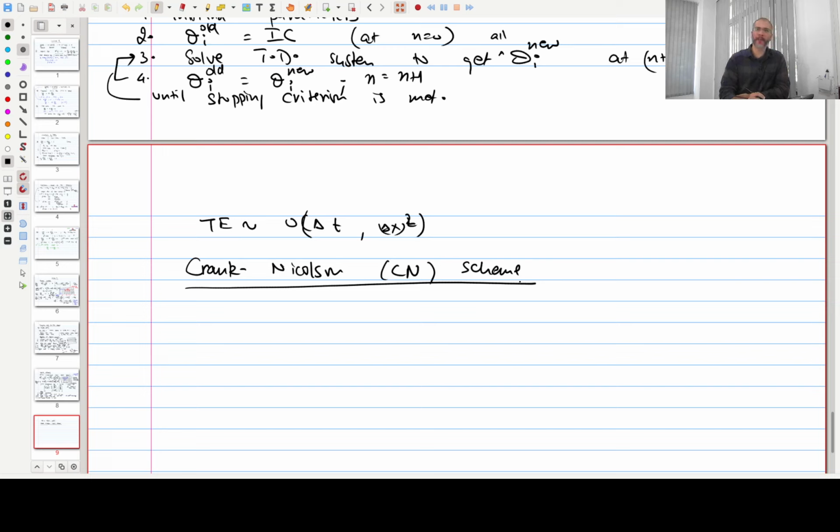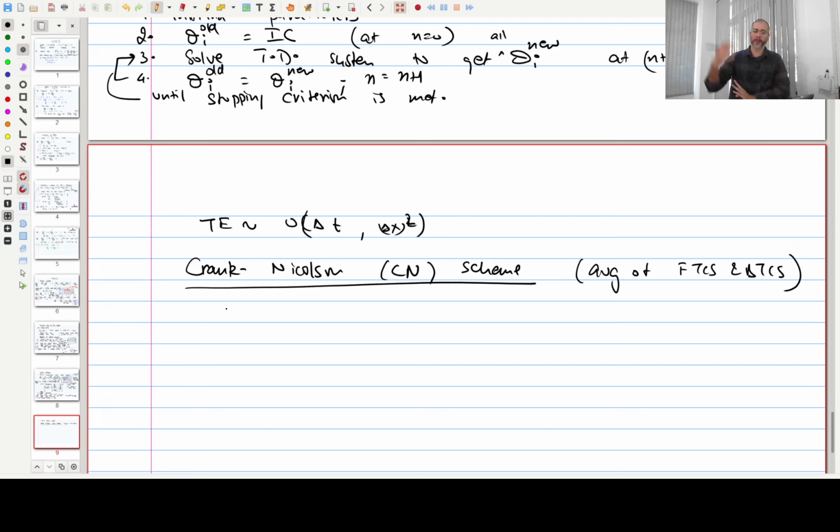So it's basically an average of explicit and implicit schemes. Well, I should say it's an average of, because you can have different kinds of explicit and implicit schemes. It's an average of FTCS and BTCS.